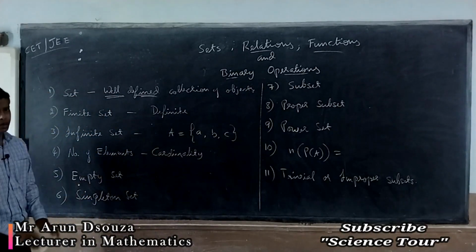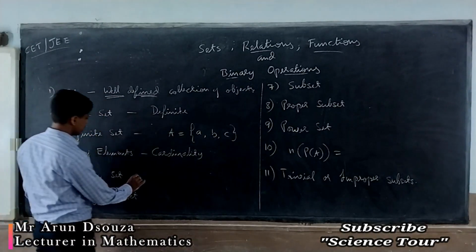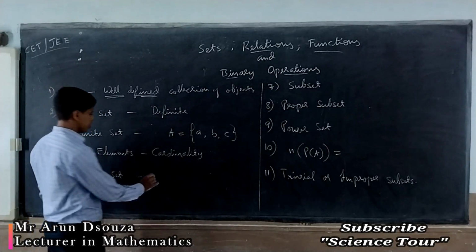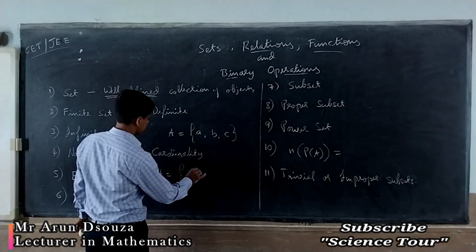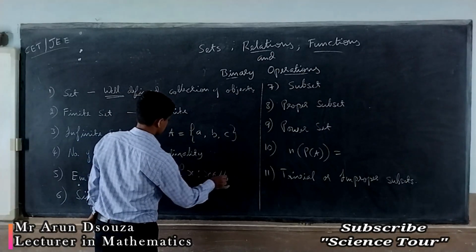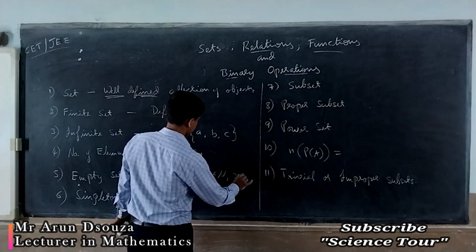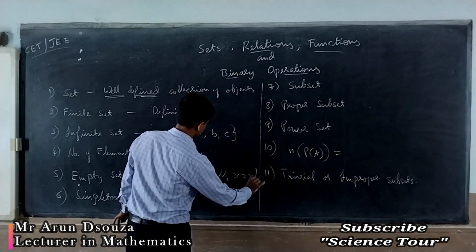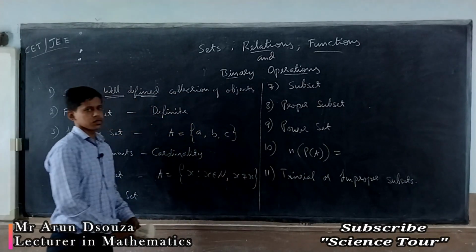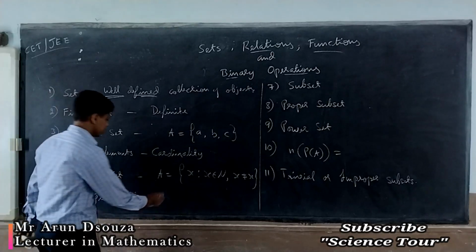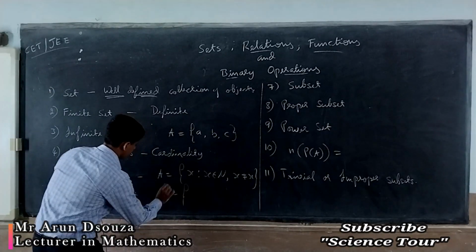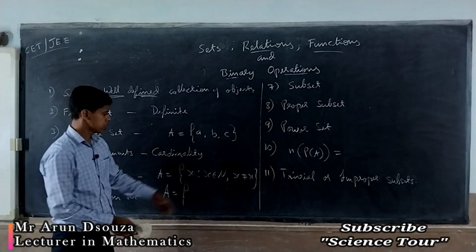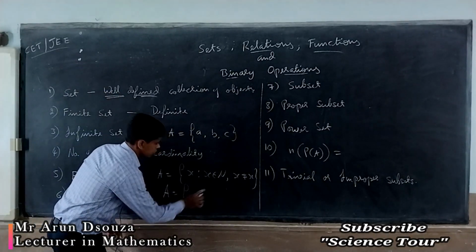Next, what do you mean by empty set? Empty set means you don't have any element. For example, x belongs to natural numbers and x is not equal to x. So which element do you write here? Can you write 0? 0 is not a natural number.